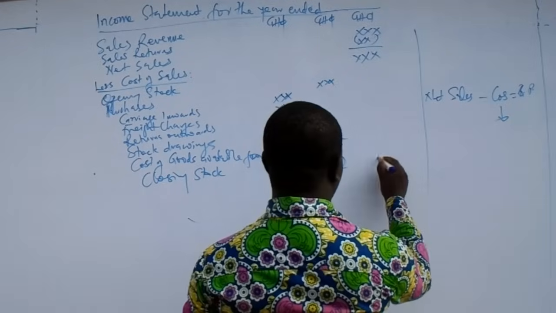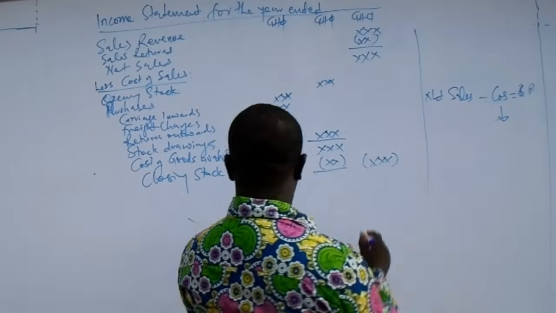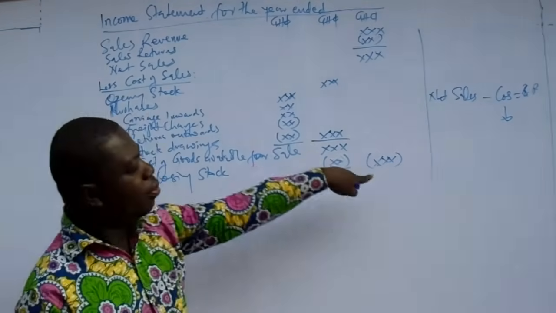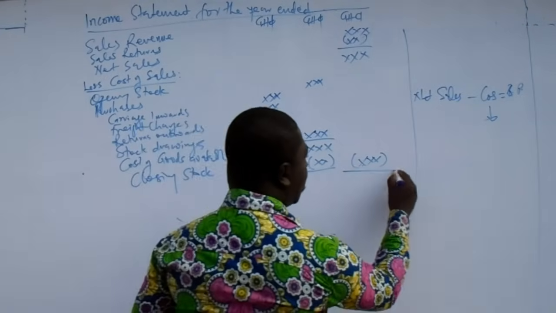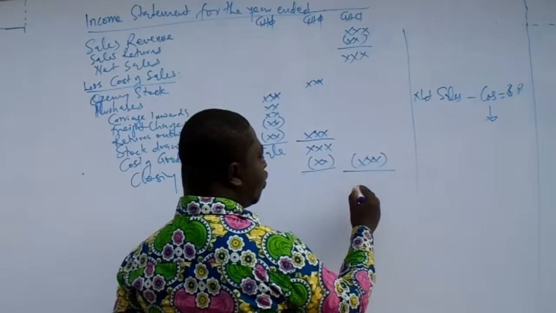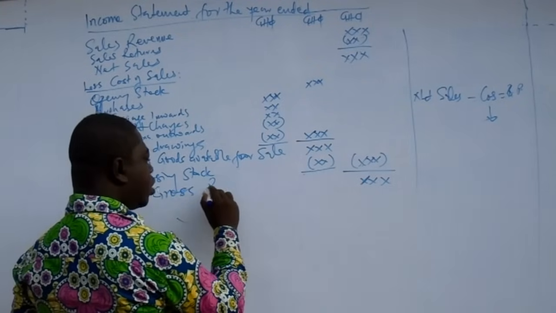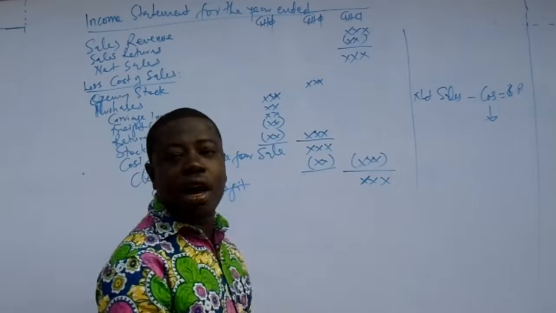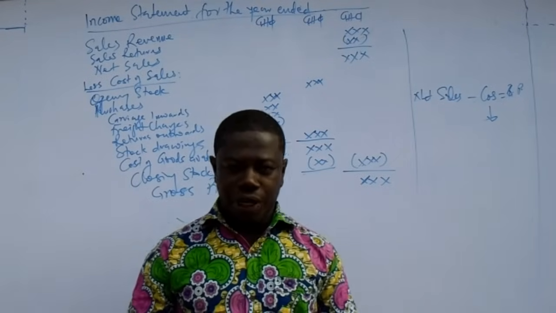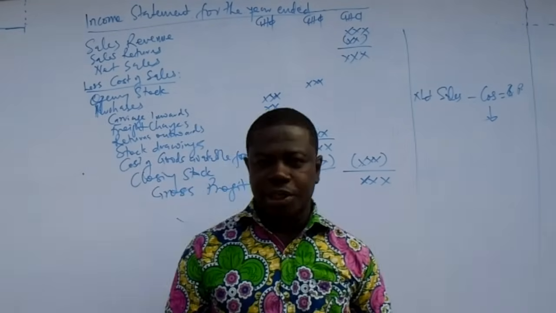And so when we have the cost of sales, we now transfer that figure here, and then we take it from our sales revenue, and whatever figure we have is our gross profit. And that is how we can earn the trading account component of the income statement.